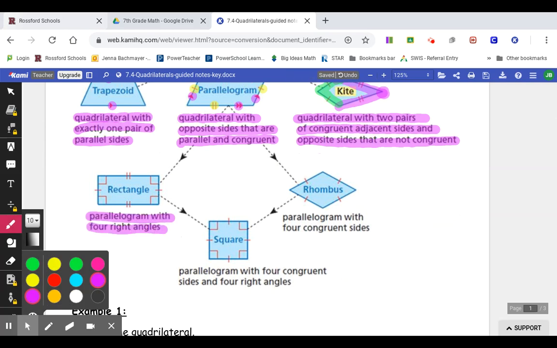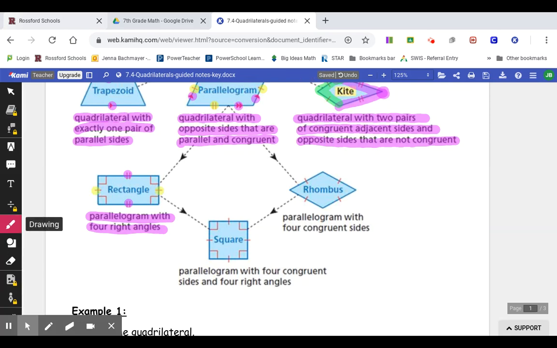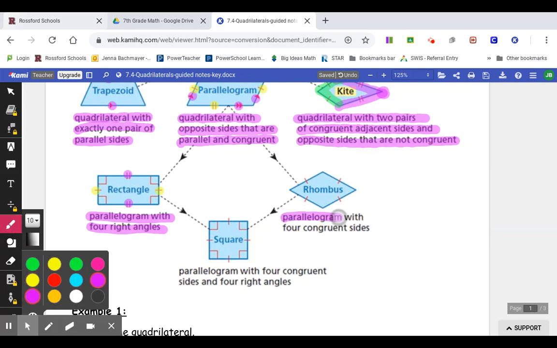So we do have 2 sets of congruent sides, one set and the other set. Okay, let's jump over to rhombus. A rhombus is a parallelogram with 4 congruent sides. So we have 4 sides that are exactly the same. It doesn't say anything about a right angle in this one. So in a rhombus, there are no right angles that we have to worry about.